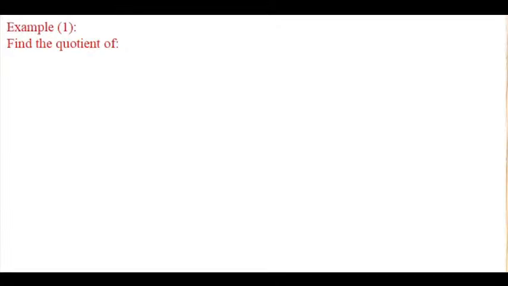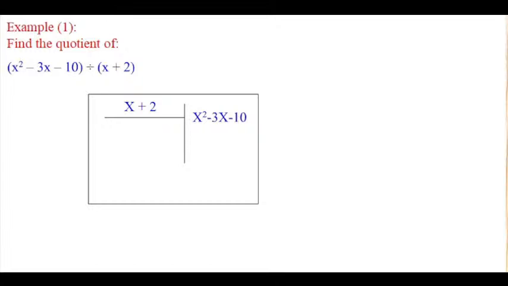Find the quotient of the algebraic expression x squared minus 3x minus 10 divided by x plus 2. Solution. Step number 1. We have to put the dividend and the divisor as you see. Step number 2. We have to divide the first term, which has the greater power, by the first term in the divisor.